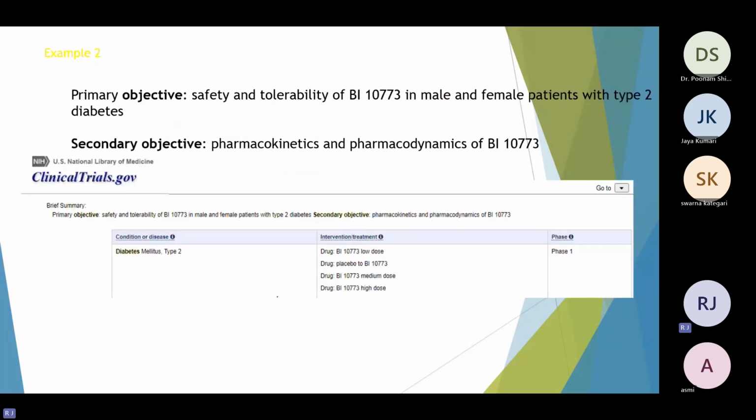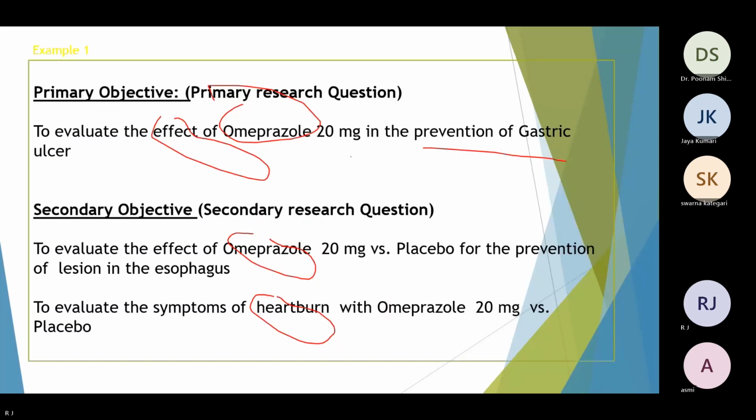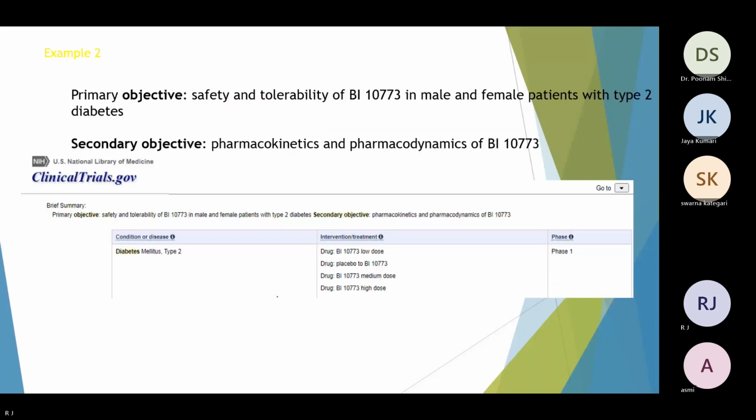Okay, so this might be my secondary objective, my secondary research questions. Okay, now let's see one more example.